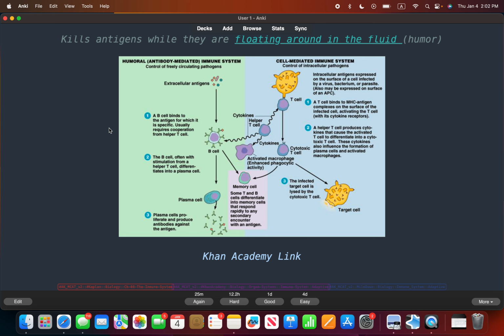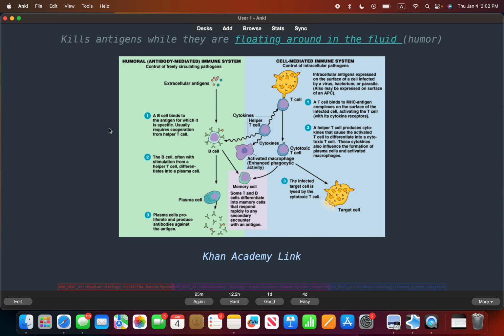the extracellular antigens. So a B cell binds to the antigen for which it is specific, usually requiring cooperation from a helper T cell.